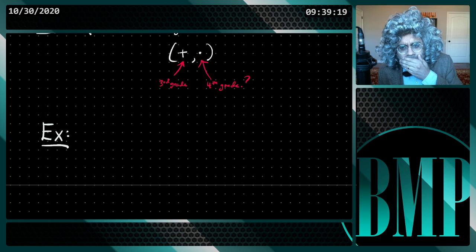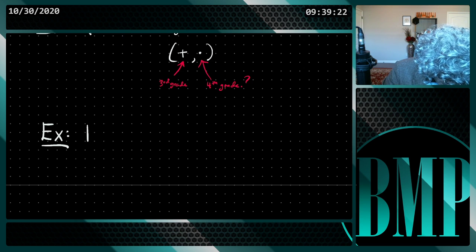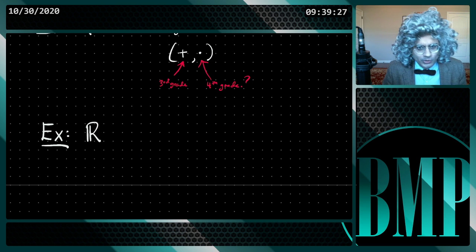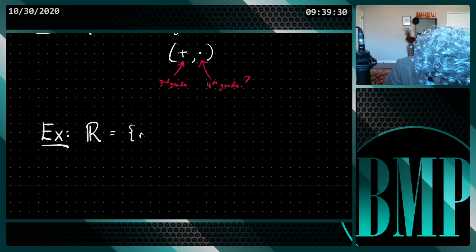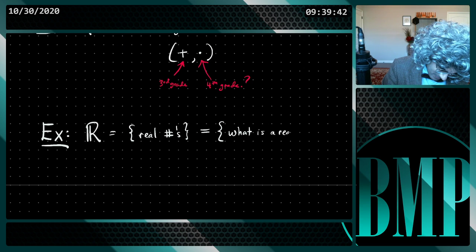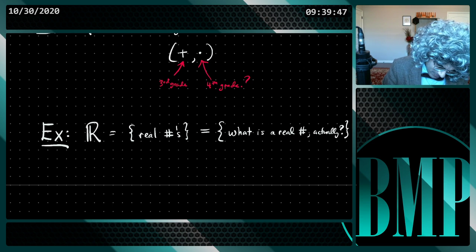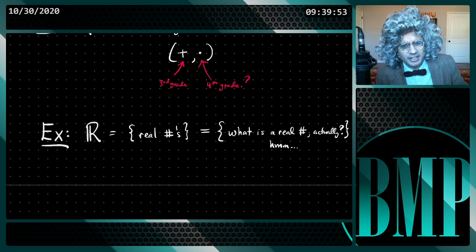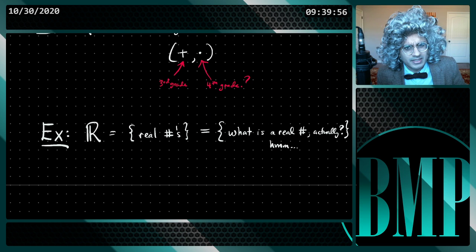All right. R is a ring. Real numbers. The set of real numbers, which I don't know if you've ever seen it defined, but you should ask, what the heck is a real number?